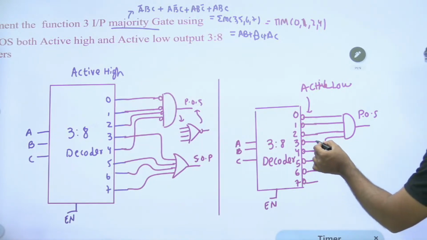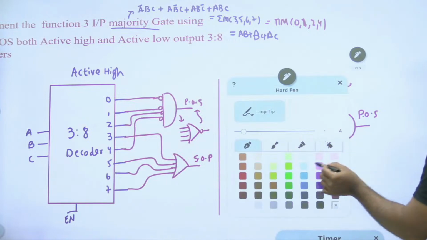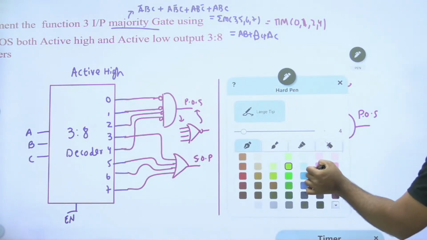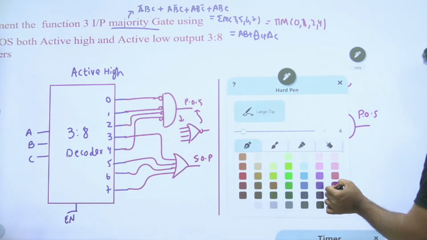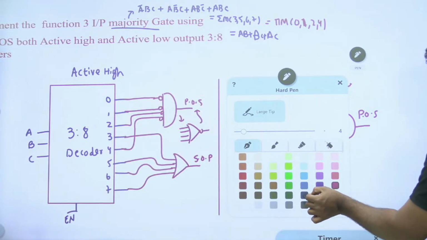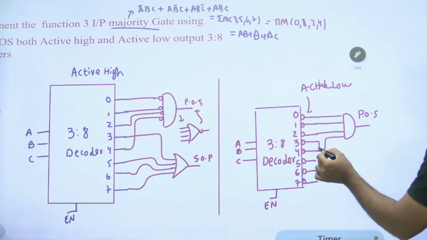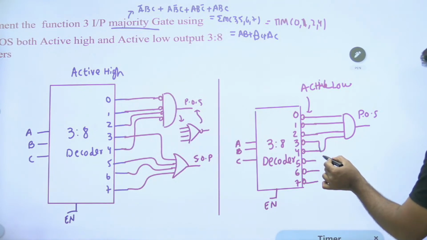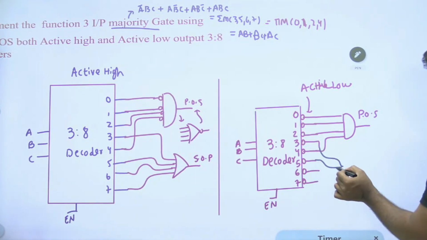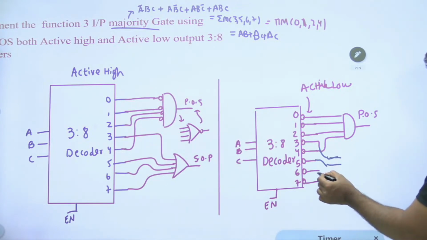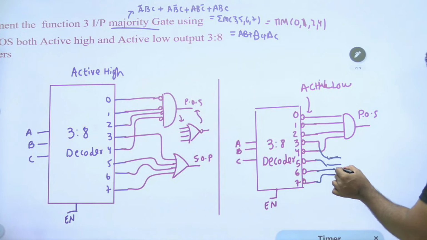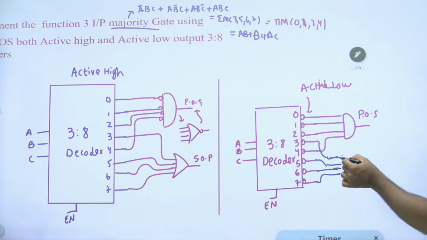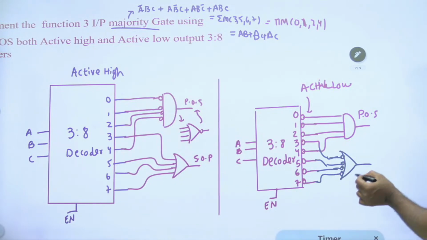So here, for the remaining 3, 5, 6, 7, you can take a bubbled OR gate to convert the max terms into min terms, SOP.